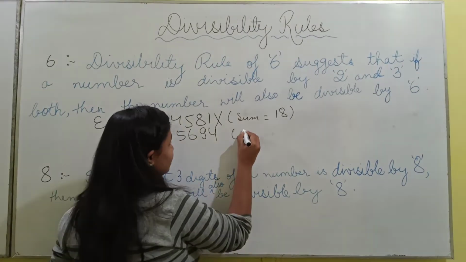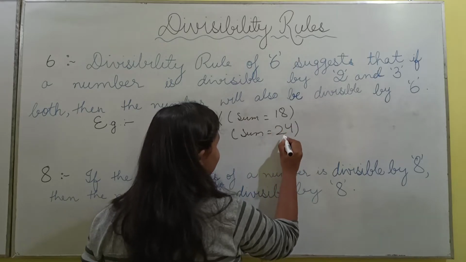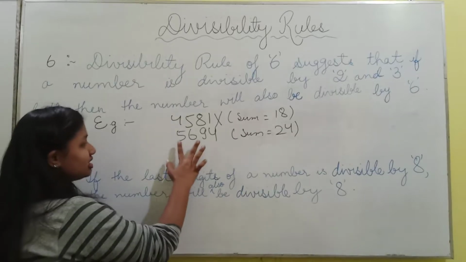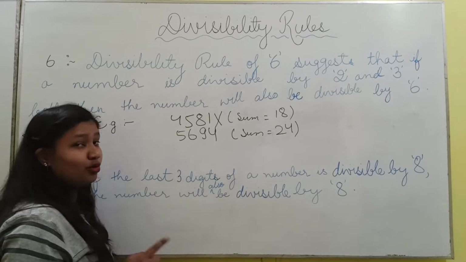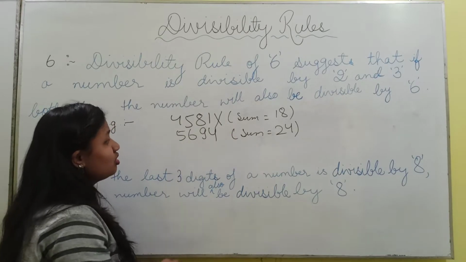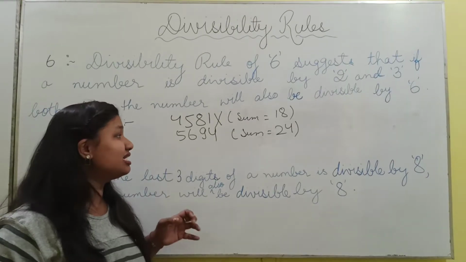So the sum of the digits equals 24, which is divisible by 3. 3 eights are 24. So since this number is divisible by both 2 and 3, we checked it just now, this number must also be divisible by 6.